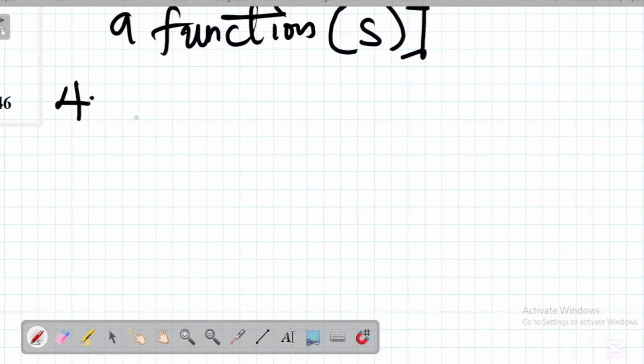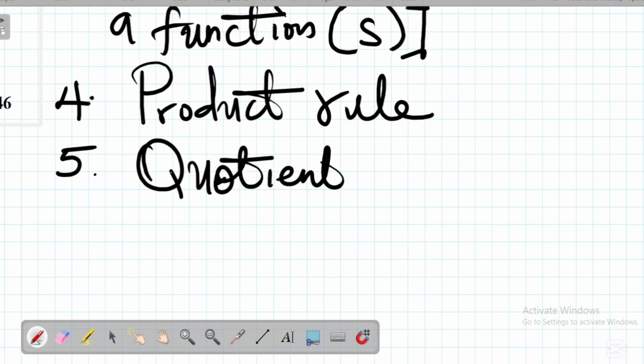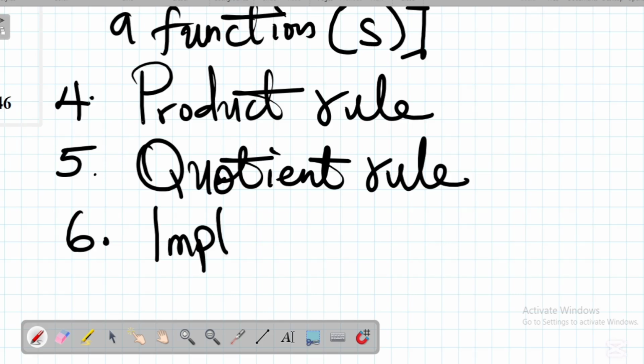Number 4, we have the product rule. Number 5, we have the quotient rule. And then finally, we have implicit differentiation.